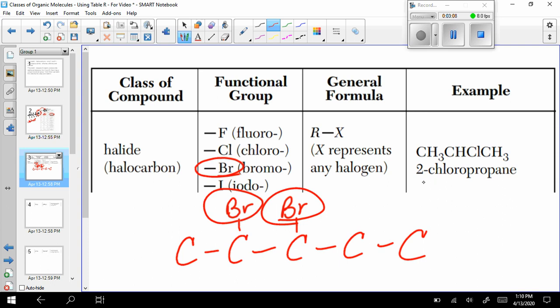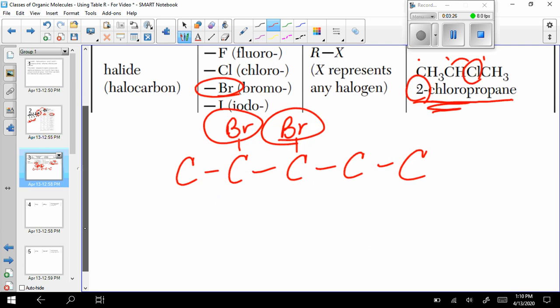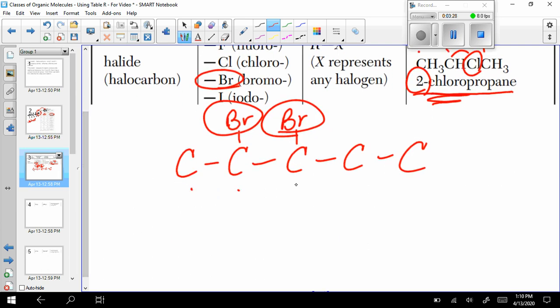And then I look at how they named it. So they have 1, 2, 3 carbons. The Cl is coming off the second carbon, so that's where the 2 comes from. It tells you where the chlorine is, and they write chloro, and prop because it has 3 carbons. So for mine, 1, 2, 3, 4, 5, so 5 is pent, and then the ending is just ane.